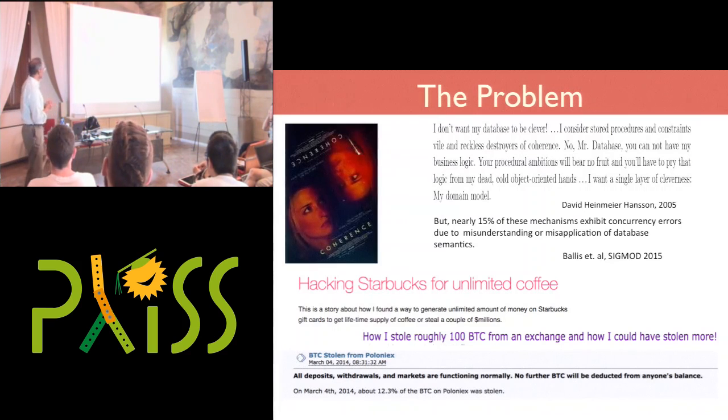And so, not surprisingly, there are numerous cases where people have been able to exploit consistency vulnerabilities in Bitcoin implementations to actually steal money from the exchange, which was apparently not possible to do. And so, even though it's theoretically not allowed, the fact is that implementations can do things that deviate from the theory. And in one particular case, 12% of a particular exchange was hijacked, right? And that money irreparably lost.